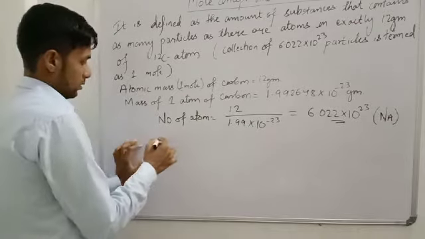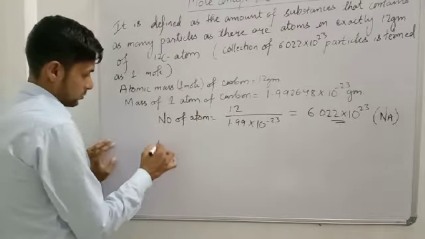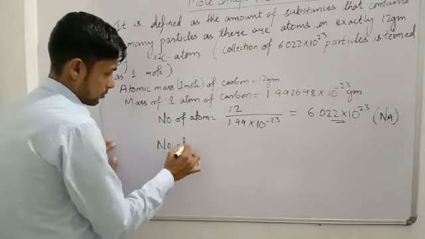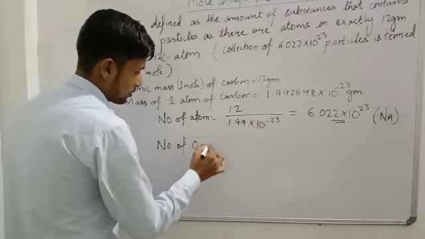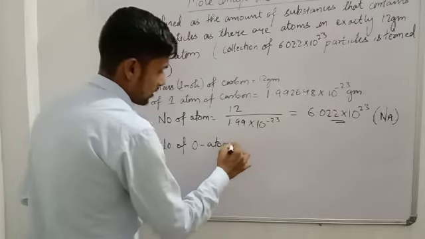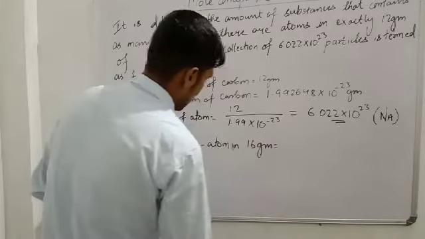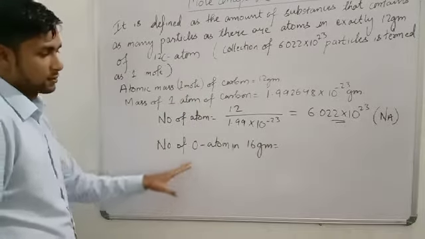If we calculate number of oxygen atom in 16 gram. So atomic mass of oxygen is 16 gram.